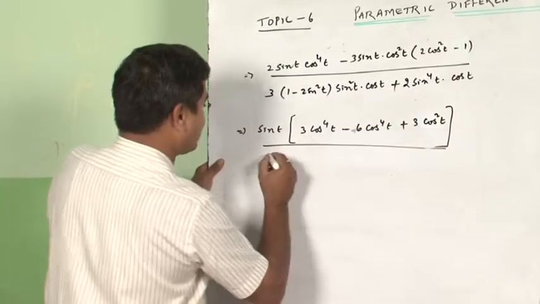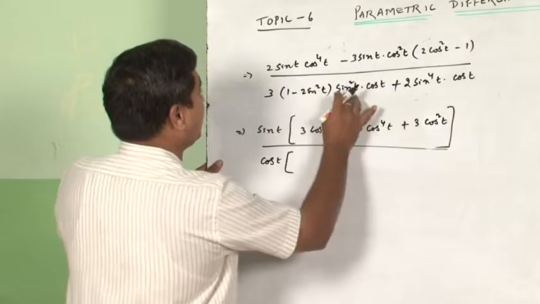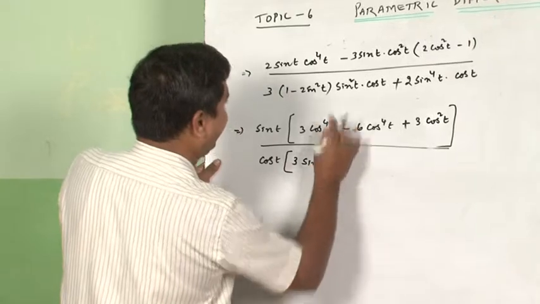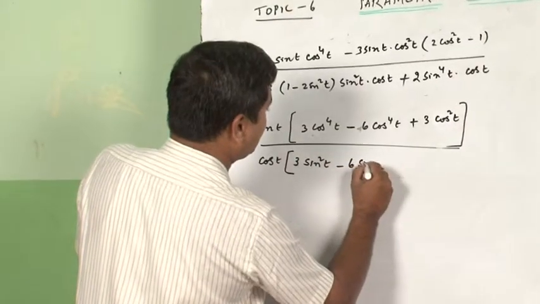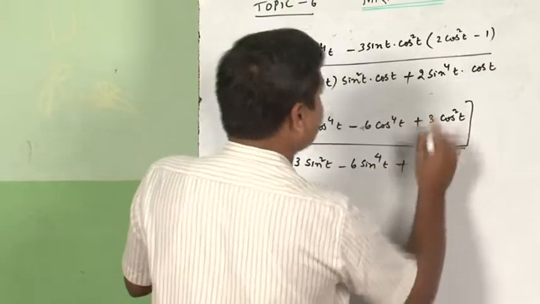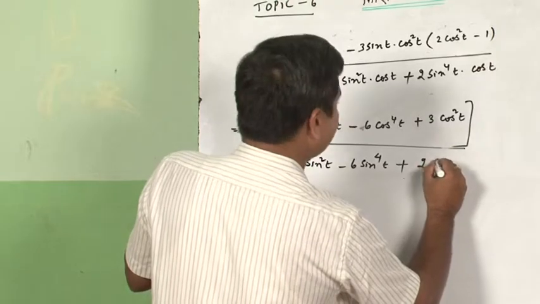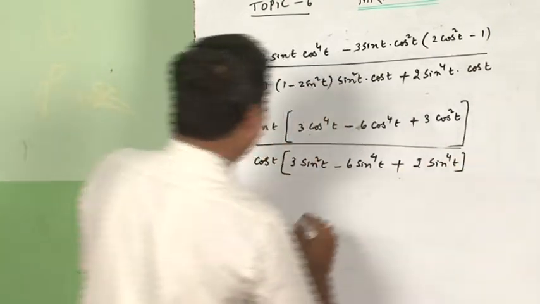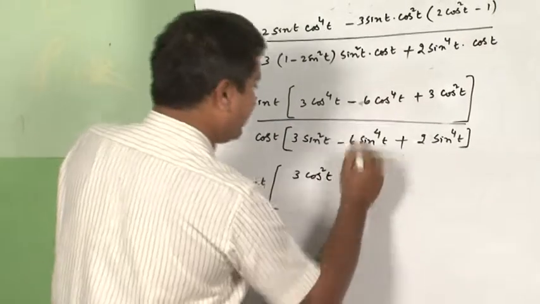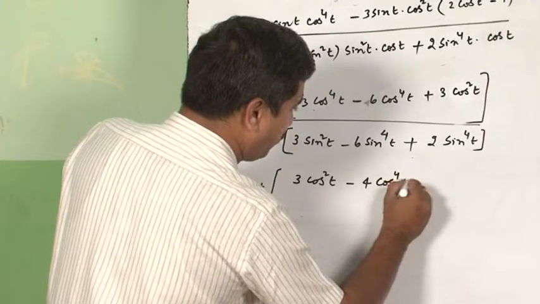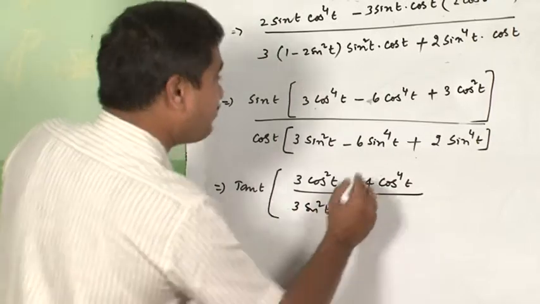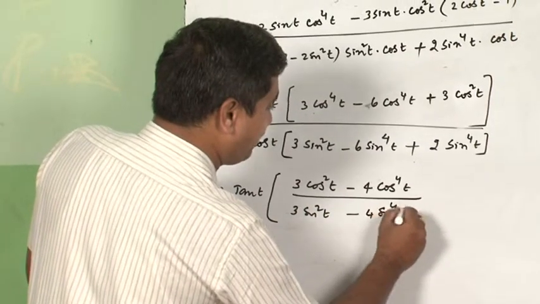I take cos t outside, cos t into the sine square will multiply with this one, it becomes 3 sine square t minus 6 sine to the power 4 t, plus this is going to remain as 2 sine to the power of 4 t. Thus, it is going to be 3 cos square t minus 4 cos to the power of 4 t upon 3 sine square t minus 4 sine to the power 4 t.